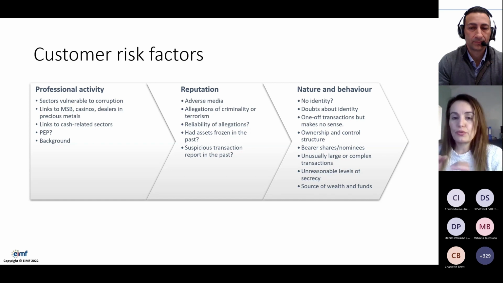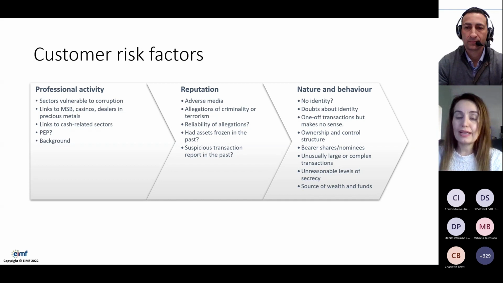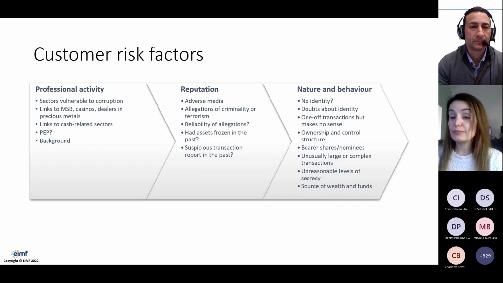So the first group of answers, let's say we categorize them in a way to understand who our client is. Professional activities may be one of the most important elements of our risk assessment. Now, what are the sectors that are vulnerable to corruption?